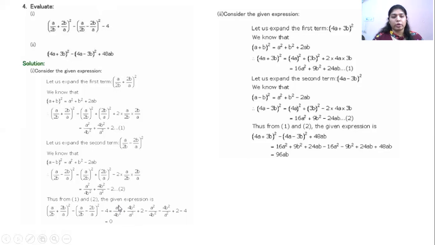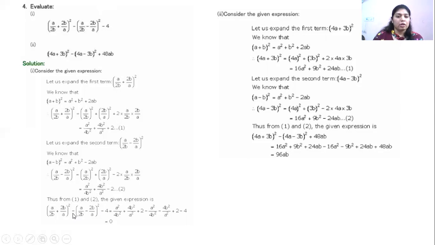Now the value of this one is a square by 4b square having a negative sign, because the negative is outside the bracket. So we have to change all the signs inside the bracket: positive will become negative and negative will become positive. 4b square over a square also gets a negative sign, because here it is positive.